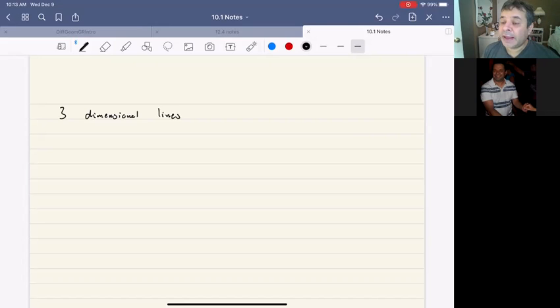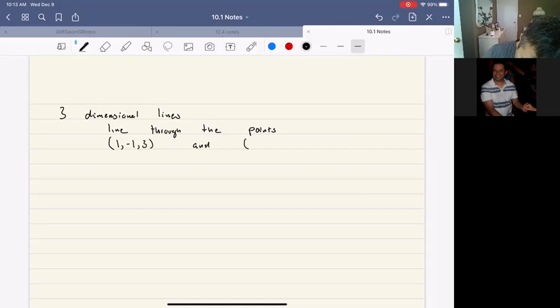Okay, so again, they have a starting point, and let's just start with an ending point. So let's say that we have a line through the points 1, -1, 3, and 4, 5, -2.